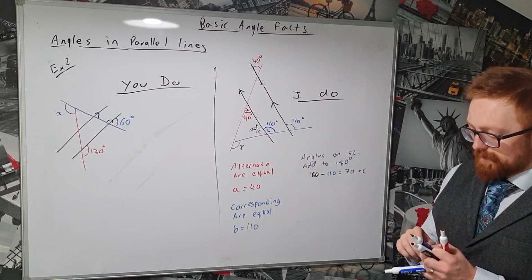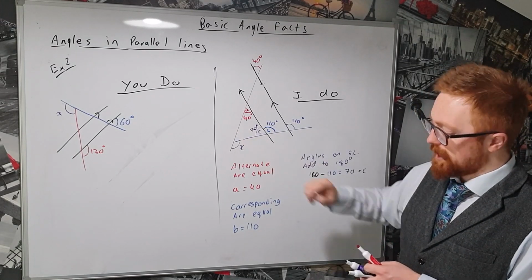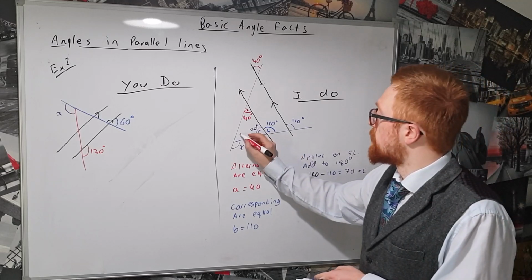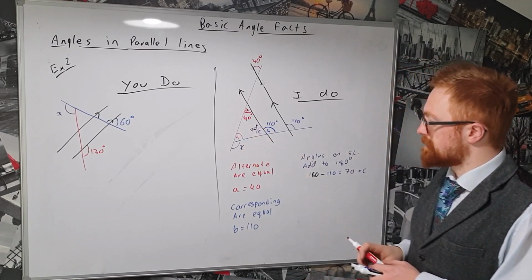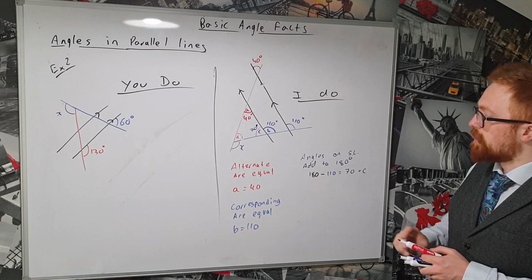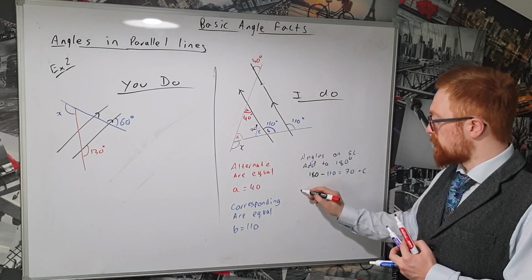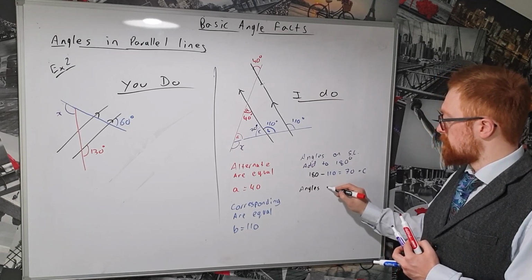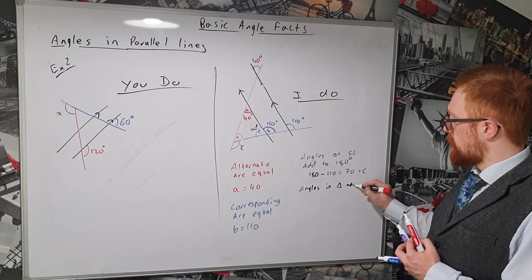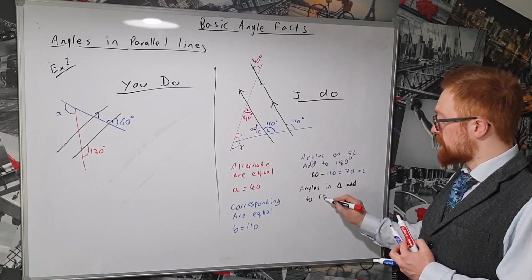Okay, we're nearly there. Now we just need to work out what this angle is here. Okay, let's call that D. We've not used red for a little while. Okay, so now we have this triangle, and we know that angles in a triangle add to 180 again.